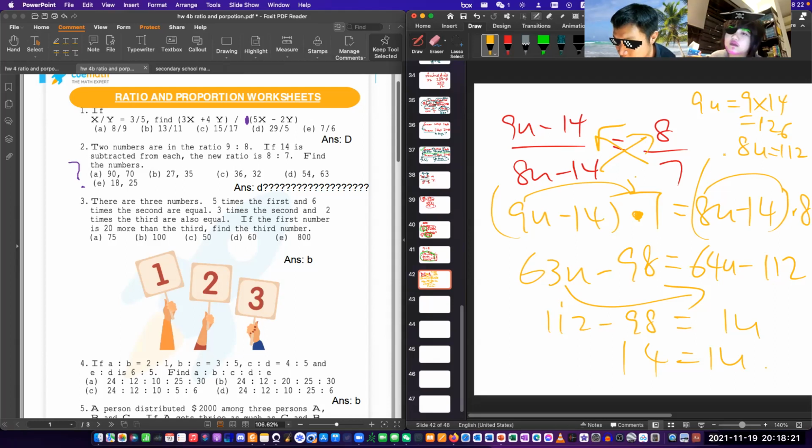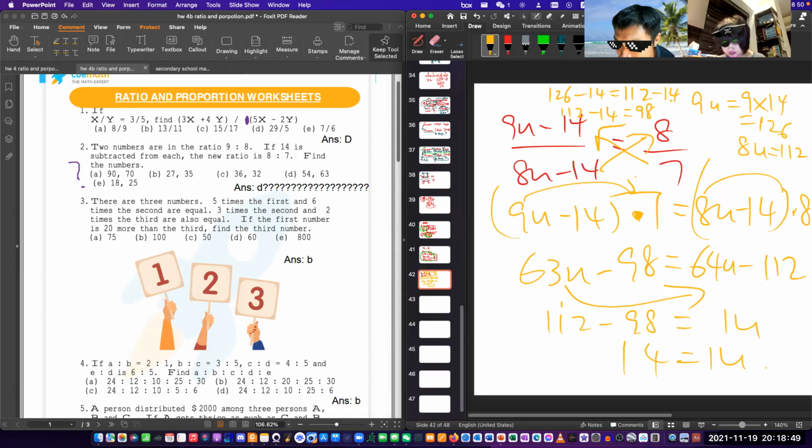So 126 minus 14 is 112. 112 minus 14 is 98. Okay, so based on this, I need to minus 14 some more.